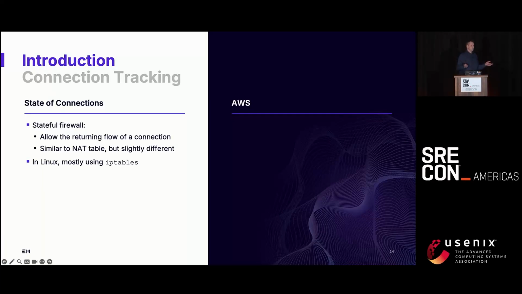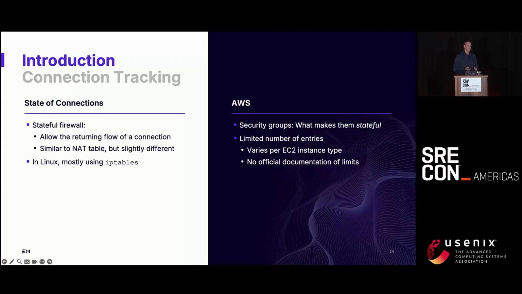What's the great distributed firewall that we have on AWS? It's security groups. And you might remember security groups are stateful, while NACLs are stateless, and this is the state which makes them stateful.